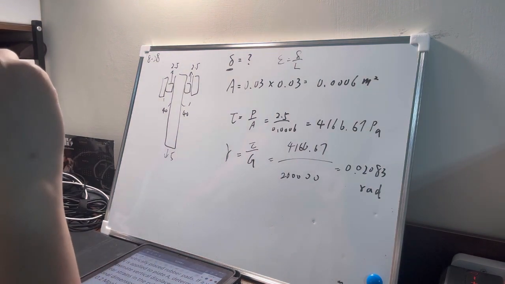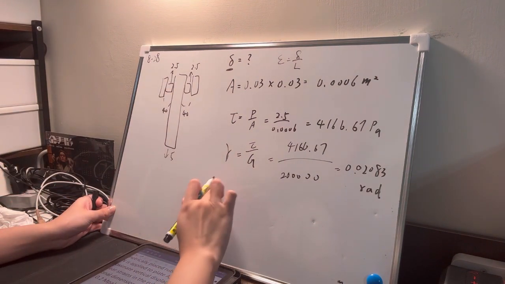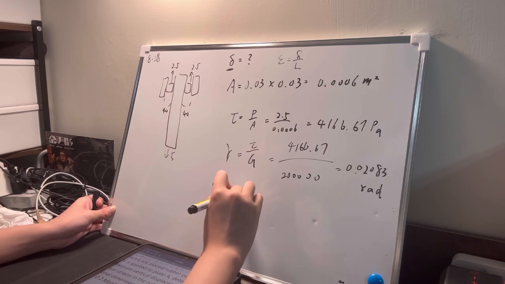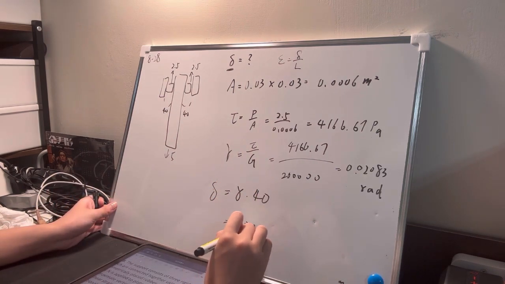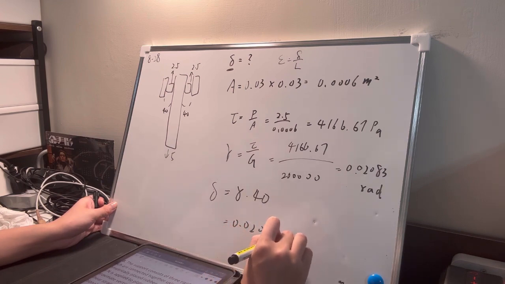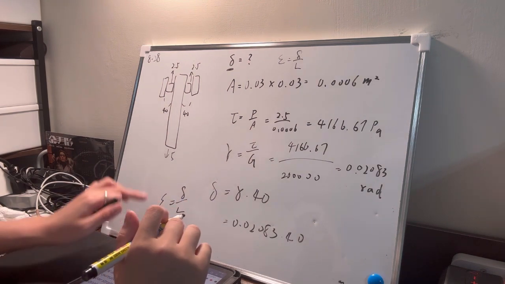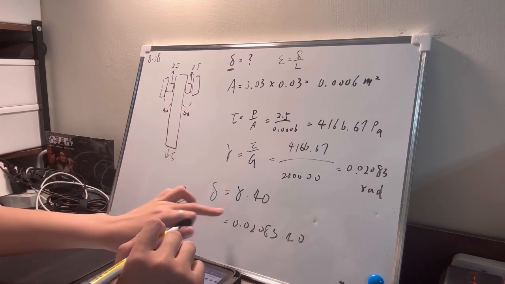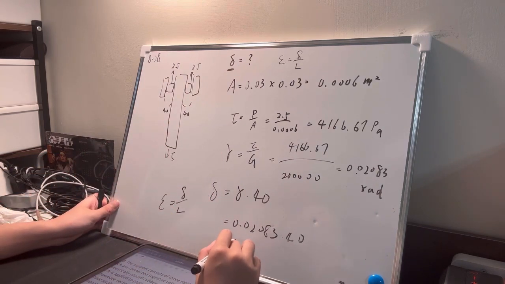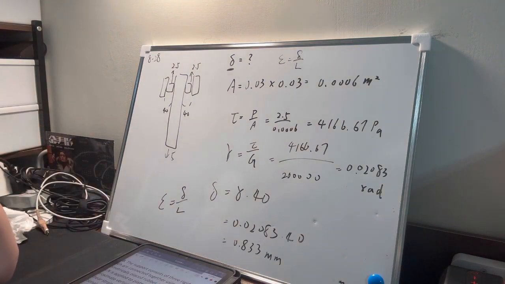And we know the value here, so this one will be times 40 and times 40, because this is equal to L. So L is 40 here, and this one is also the gamma here. So we put in gamma here, and we can know the answer is 0.833 mm, which is the final answer.